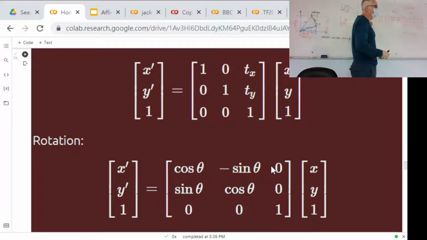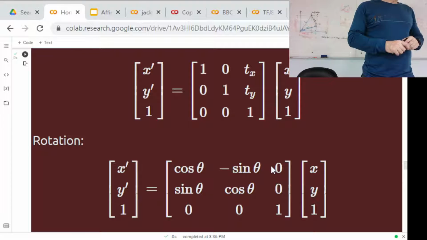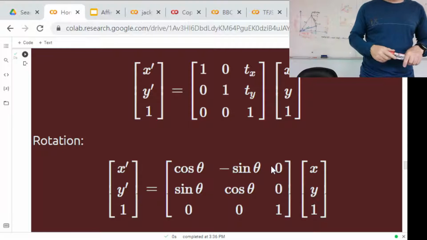You're more used to reading it this one, then this one, then this one, but that will give you the inverse order, and the result will be different. The compound transformation will be totally wrong then, if you get the order mixed up. So you have to left multiply if you multiply the coordinates.